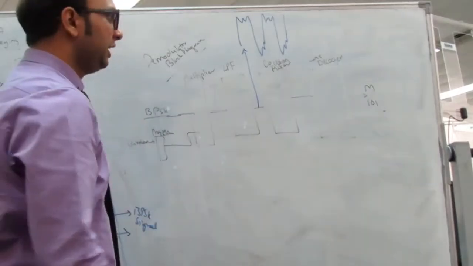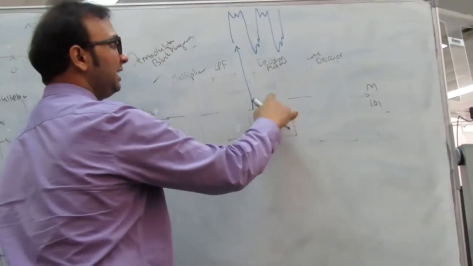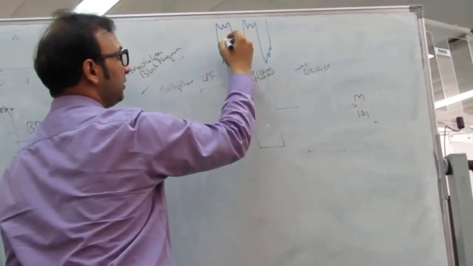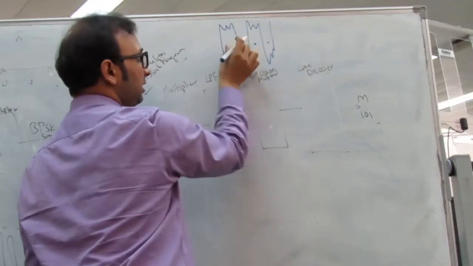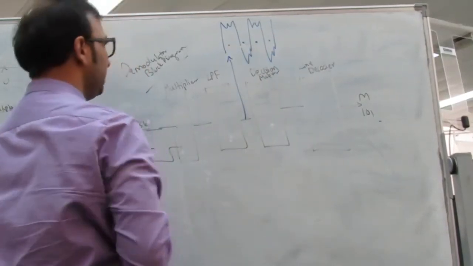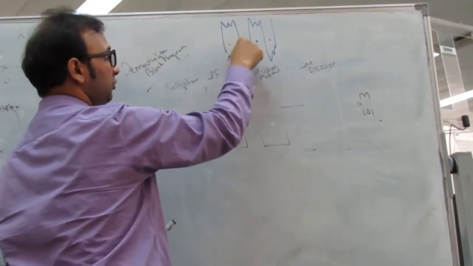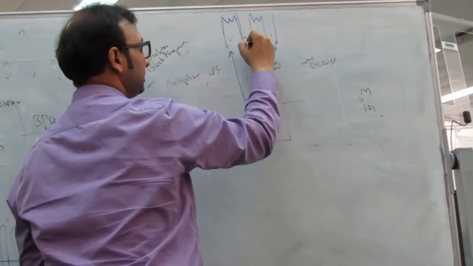Then this output goes to a decision maker, which takes a decision at points at the same interval. When I take a decision over here, for example, I know that this is more than 0, so this should be a pulse like this.